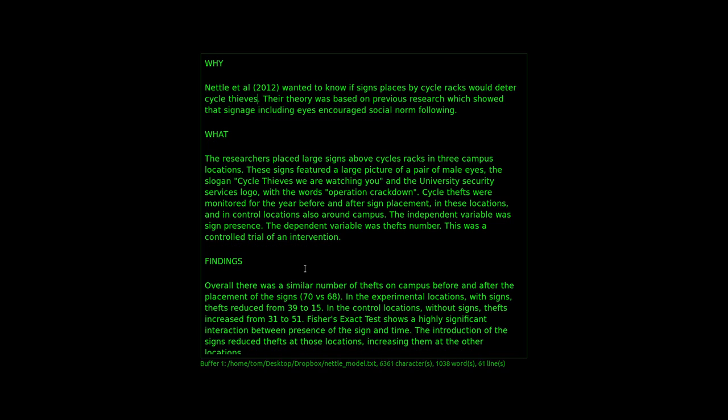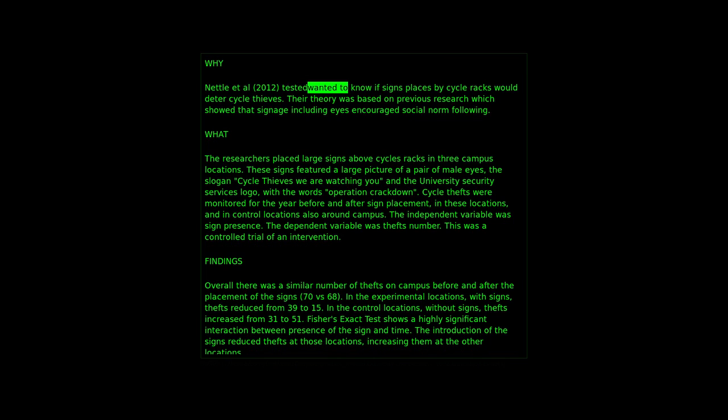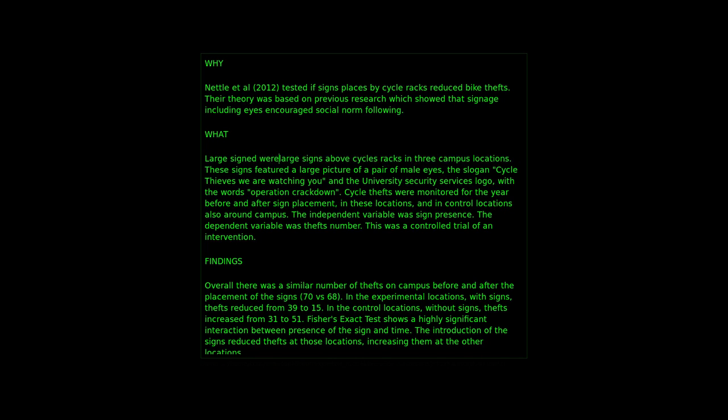So wanted to know if signs placed by cycle racks reduced bike thefts. What large signs were placed above cycle racks?